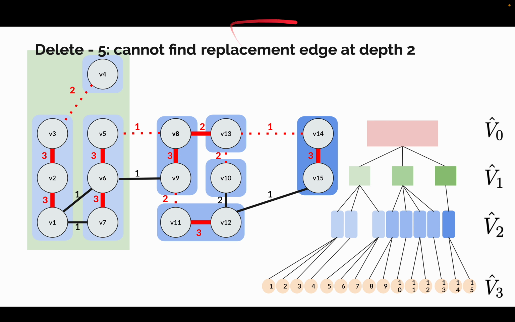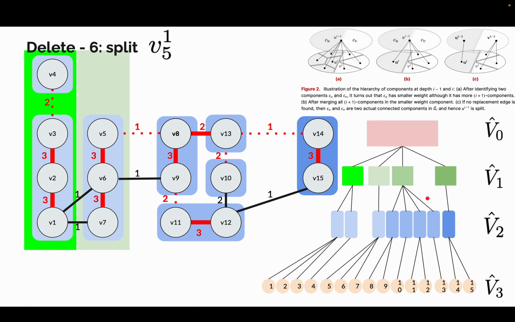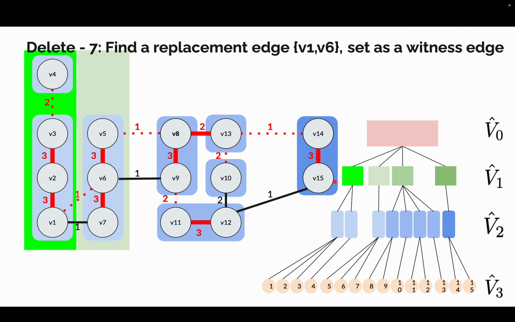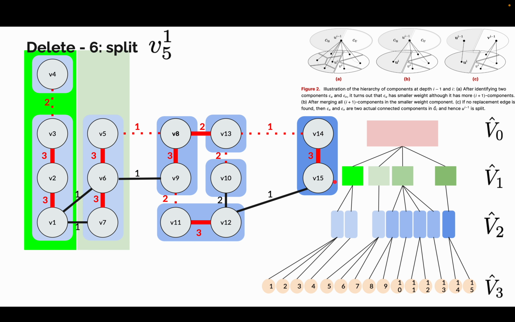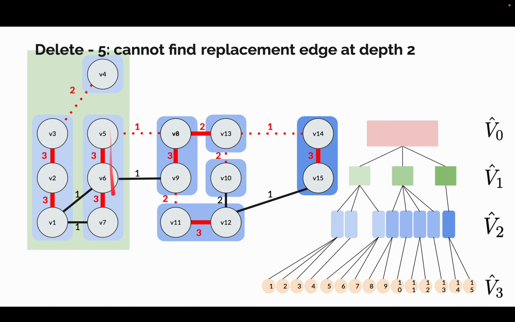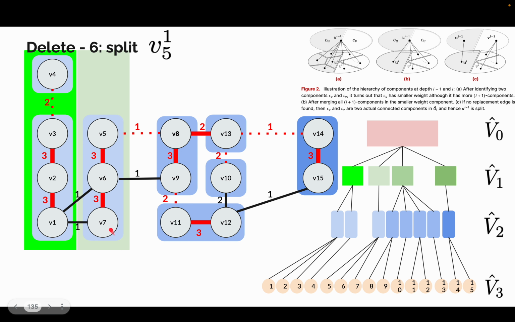So we cannot find a replacement at the lower hierarchy at depth 2. Then we need to split the component at a higher hierarchy. So we just split, since we already know CU and CV. So we split according to CU and CV, and we also update the hierarchy tree accordingly.